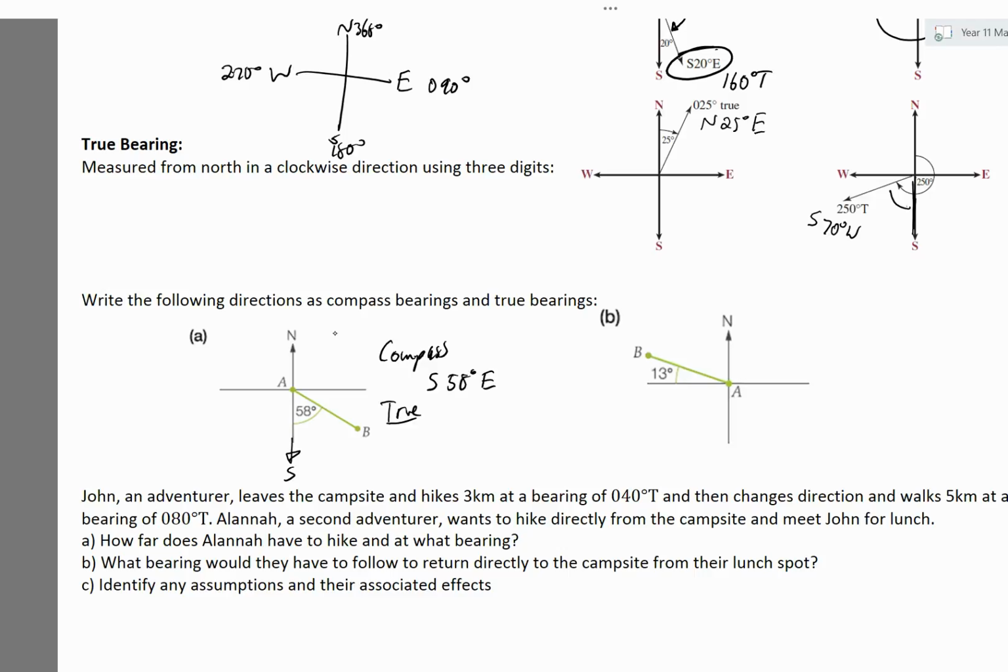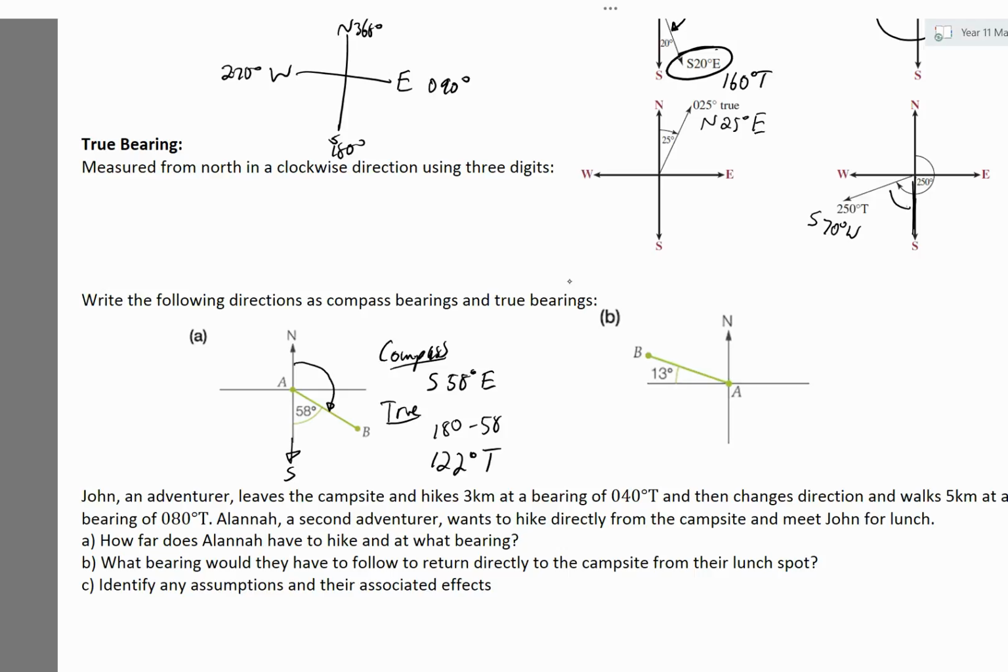And as a true bearing, from north, I'm coming around here. I'm not going all the way to south, which is 180 degrees. So let's do 180 minus 58. It'll be 122 degrees true.